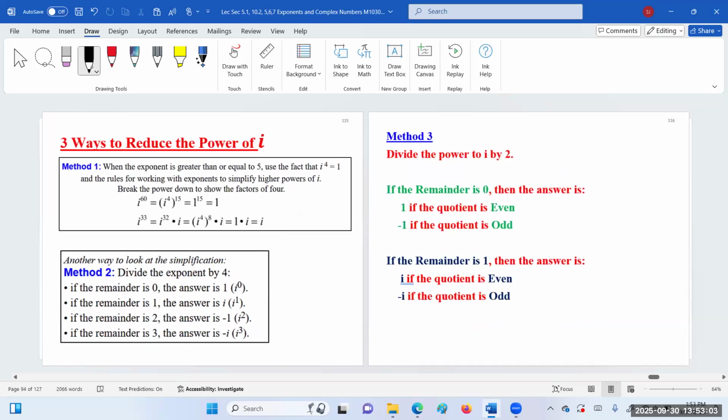So they memorize this chart. But some people like me just divide by 2 and follow the rules. When you divide by 2, an even number means you have 1, an odd number means you have -1. And if you have an odd number power, then you split into 2 pieces and follow the same rule.